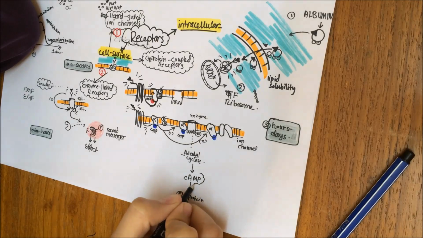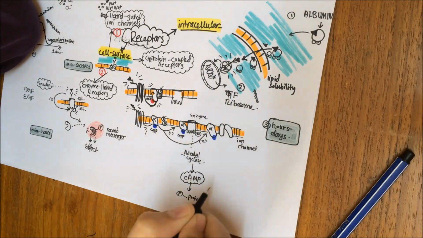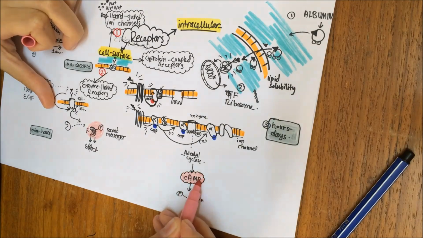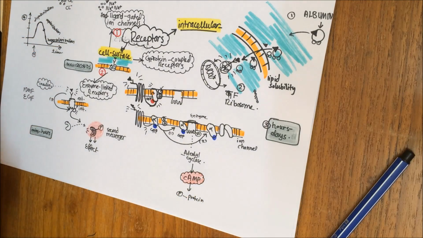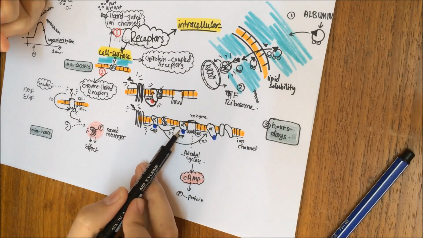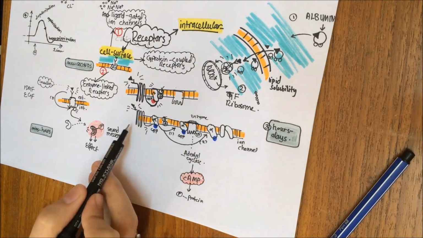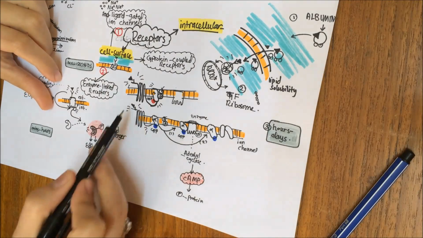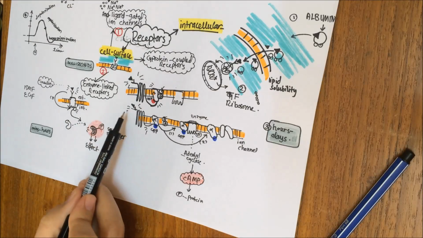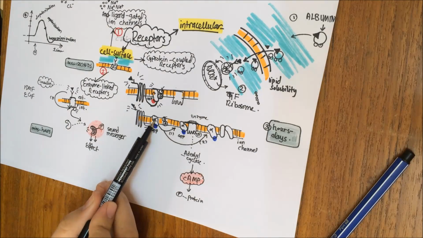So this cyclic AMP here is the second messenger. This is done through the adenylyl cyclase, through the alpha subunit, the activated subunit. It was activated by the G protein. The G protein was activated upon binding of the ligand.